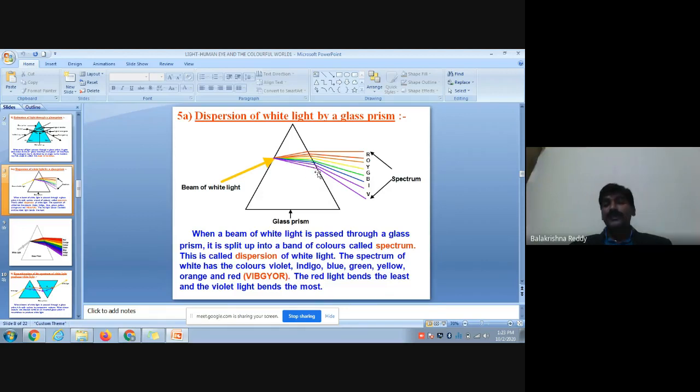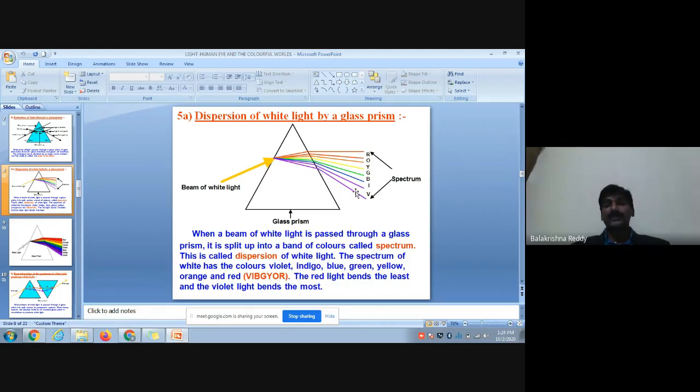But after splitting, from the bottom, violet, indigo, blue, green, yellow, orange, and red colors, the spectrum will form. This splitting of light into a band of colors is called a spectrum. We have absorption spectrum and emission spectrum.